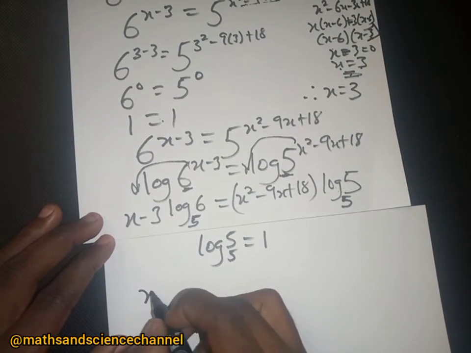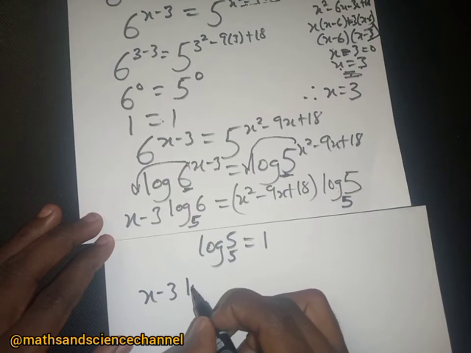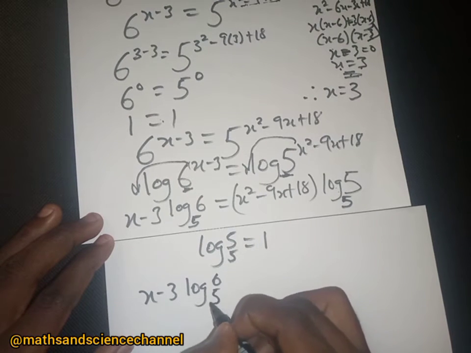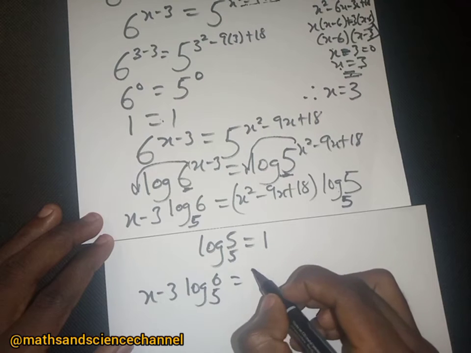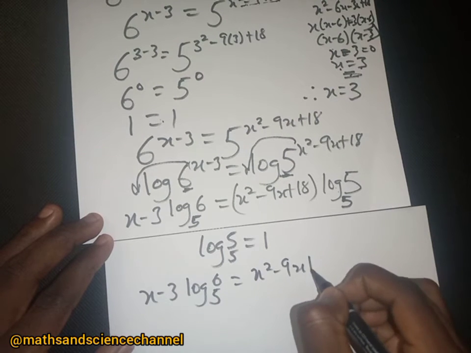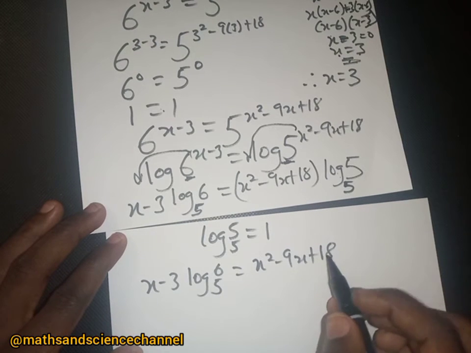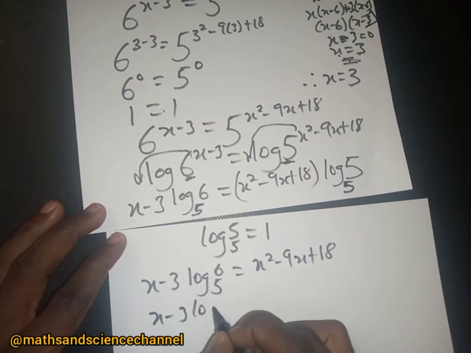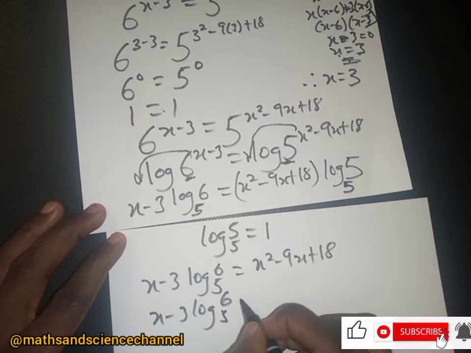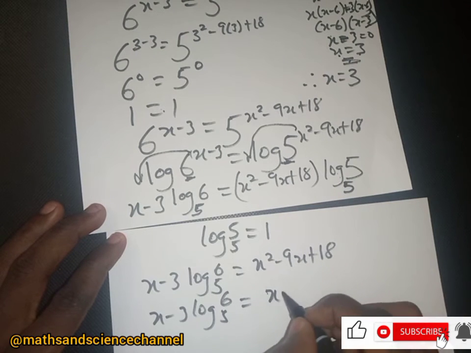So if that is the case, x minus 3 times the log of 6 base 5 is being equal to x squared minus 9x plus 18 here, right? So we have x minus 3 log 6 base 5.